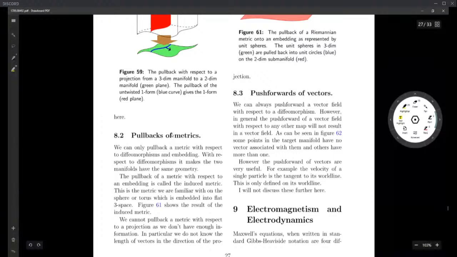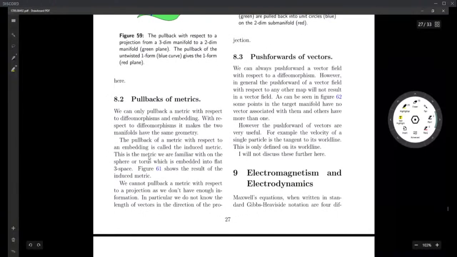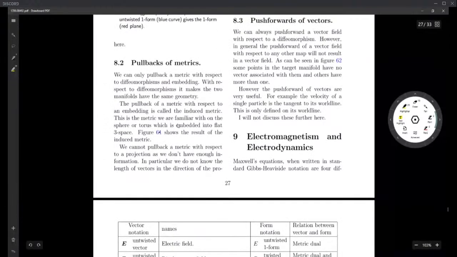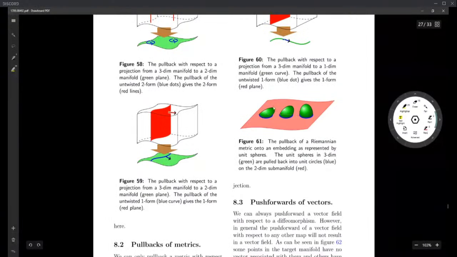You'll obviously end up with a different metric with respect to the second manifold, and this is called an induced metric. For example, if you have a torus which is embedded into flat 3D space, you get something that is shown in figure 61. So if you try to pull back this onto flat, you'll basically end up with circles, basically projecting these spheres onto this flat manifold.